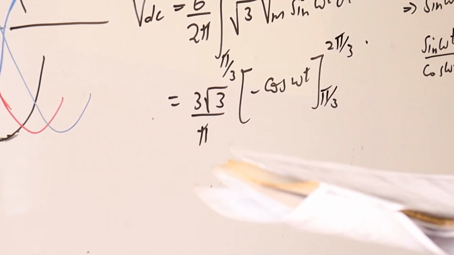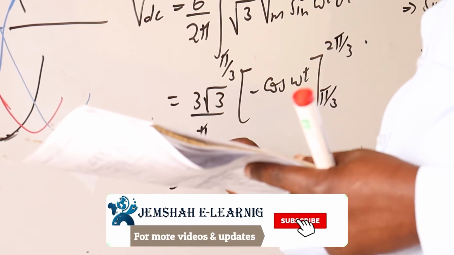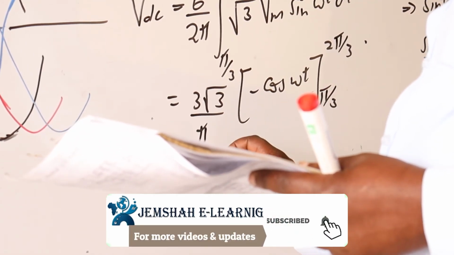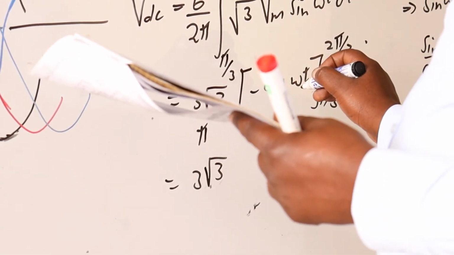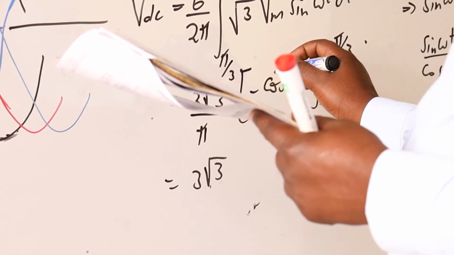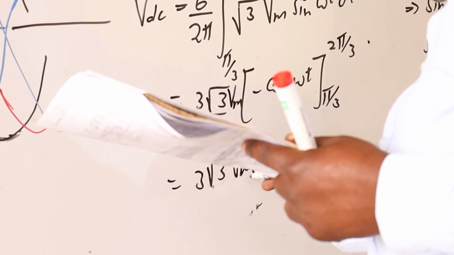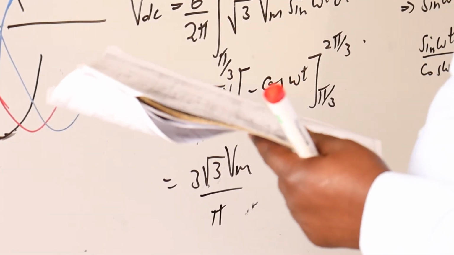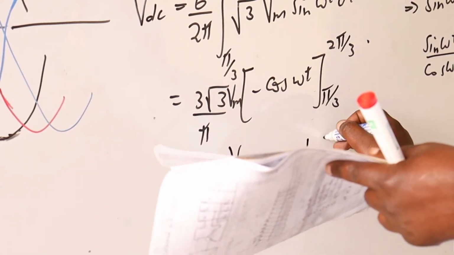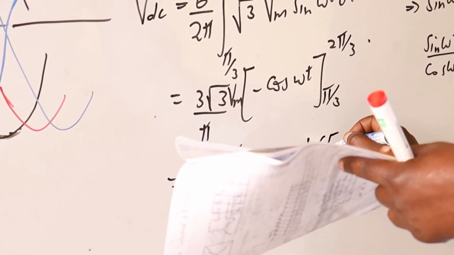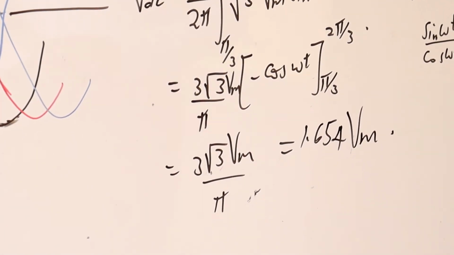If you simplify these, you will get 3 root 3 Vm all over pi, which from the calculator we can have 1.65 Vm. That is our VDC.